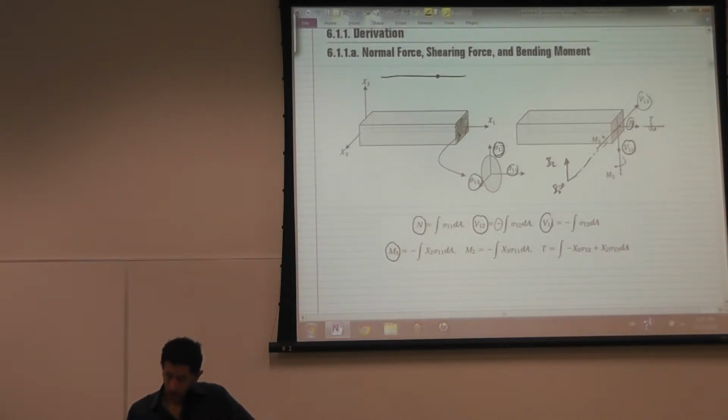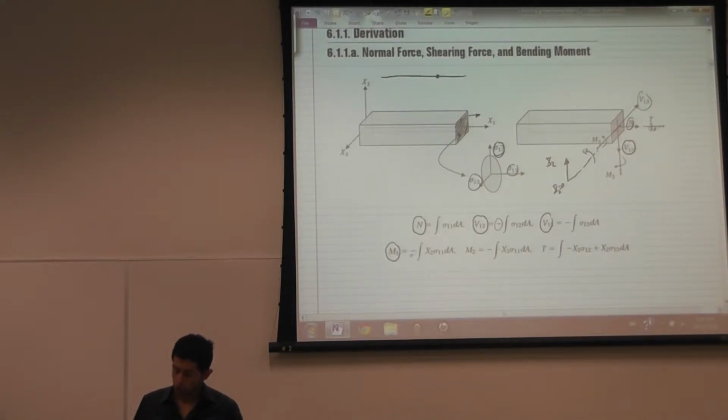Again, the negative sign is to reconcile what is assumed positive in the classical beam theory and what's assumed positive for sigma on 1. Sigma on 1 is assumed positive in this direction, but M3 is assumed positive in this direction. To reconcile those two different sign conventions, we add here a negative. And so on for M2 and for L.